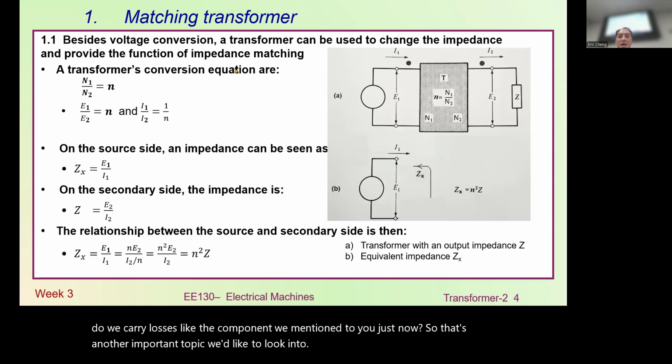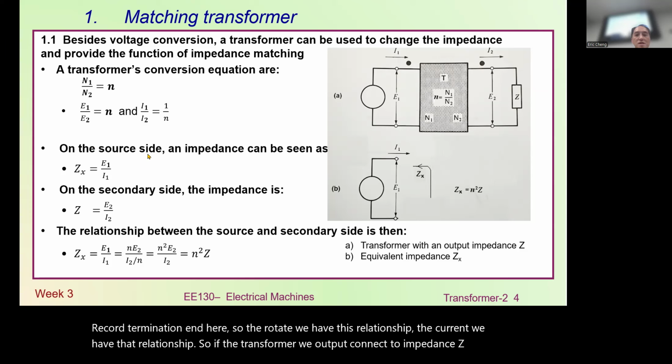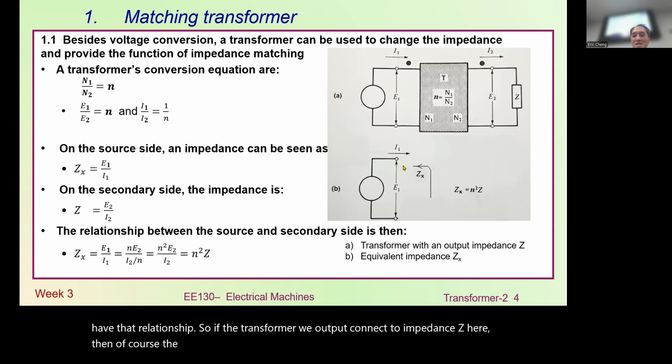So, transformer matching. For the transformer, we call the turns ratio N here. For the voltage, we have this relationship; for the current, we have that relationship. If the transformer output connects to impedance Z, then of course the input impedance we see here must equal the input voltage over the input current, that's the impedance Zx.